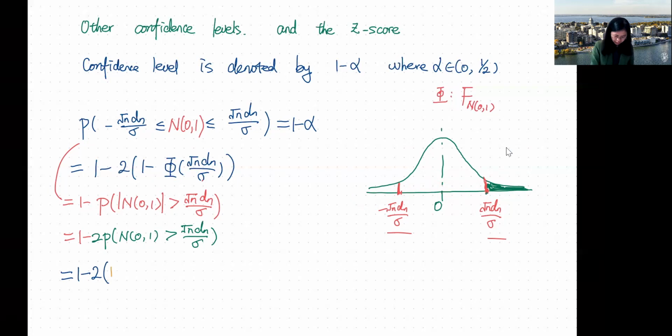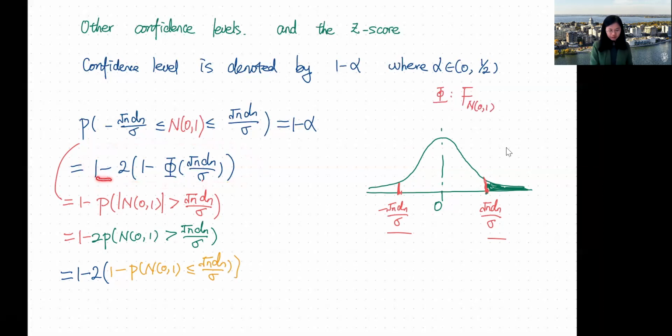So that probability is 1 minus the probability that normal 0, 1 is less than or equal to root n dn over sigma. And that is exactly what I wrote down here.